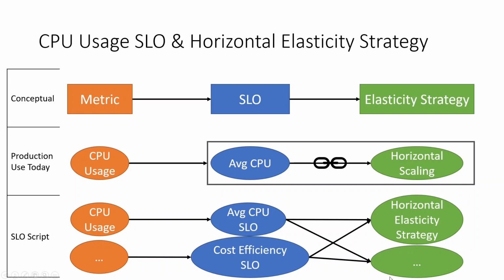Or you can take either of these SLOs and plug them into a vertical elasticity strategy, or a combination of these two. So this basically greatly increases the flexibility of the system and allows far more SLO and elasticity strategy combinations.